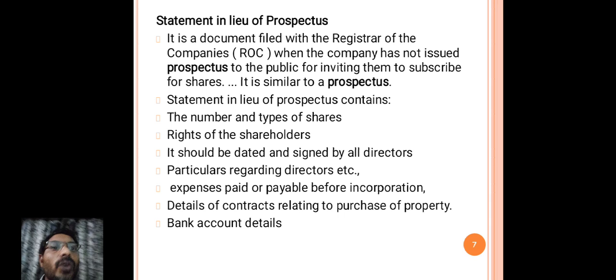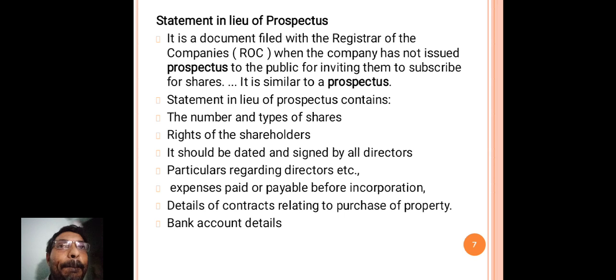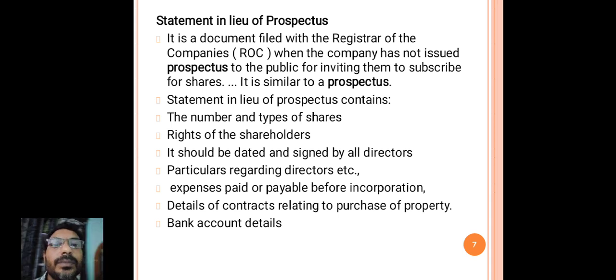And bank account details, that is the bank name, account number, and the initial amount details. Those details are clearly mentioned in the statement in lieu of prospectus.